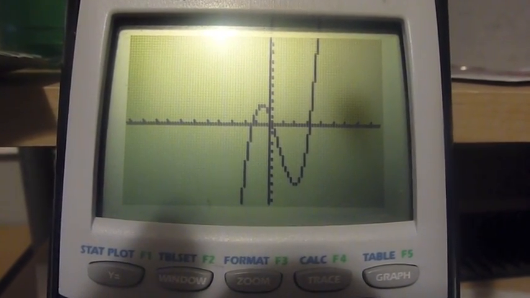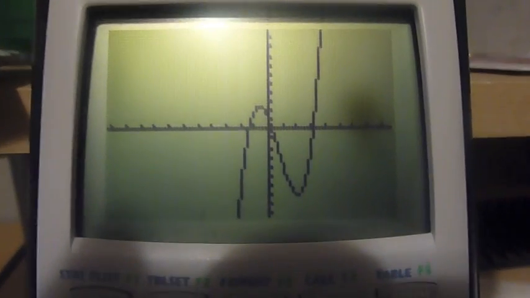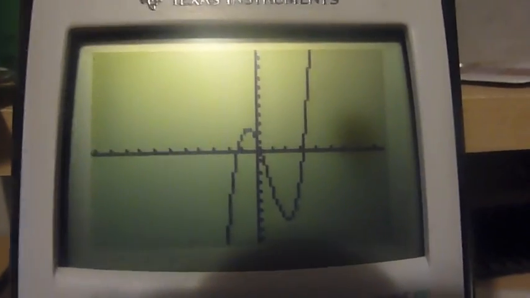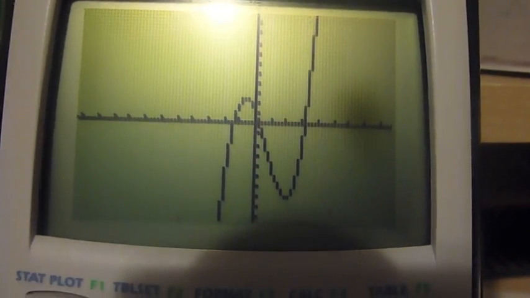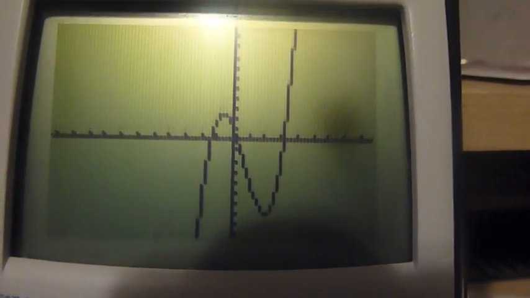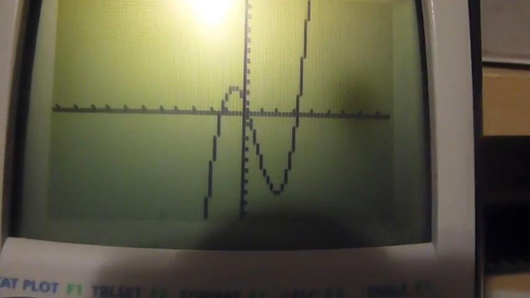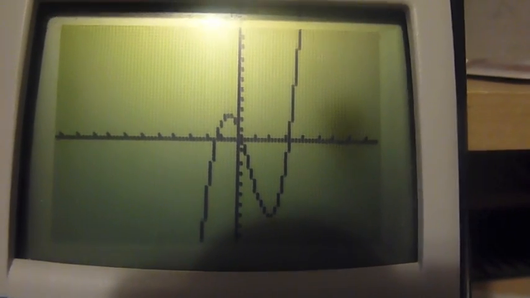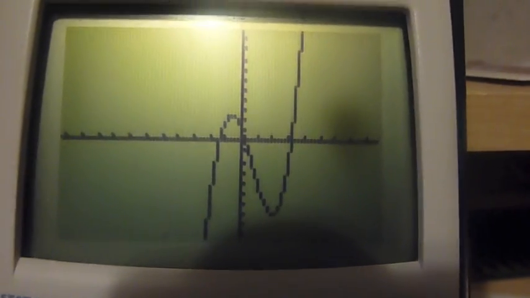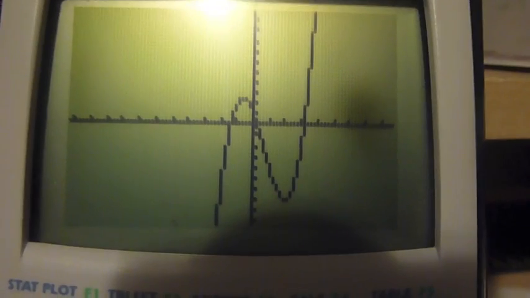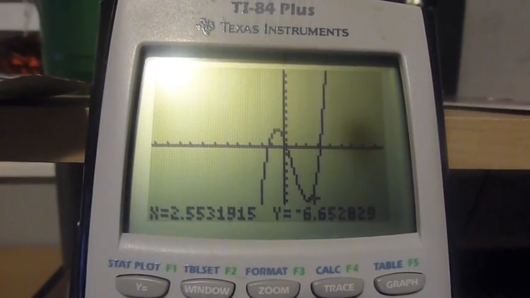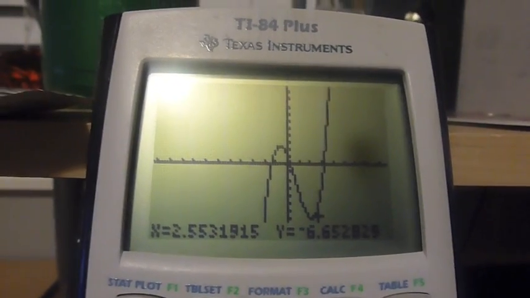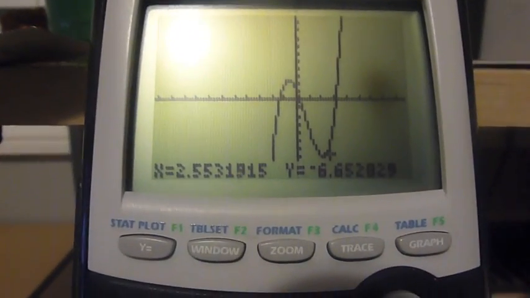Okay, now stating our domain and range in interval notation. For our domain, it'll just be parentheses negative infinity to infinity parentheses, and for our range, basically the same thing, parentheses negative infinity to infinity parentheses. Now to state the intervals in which our graph is increasing.